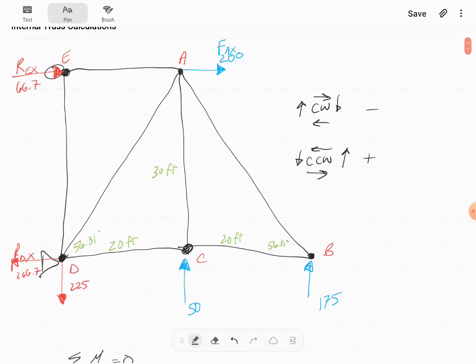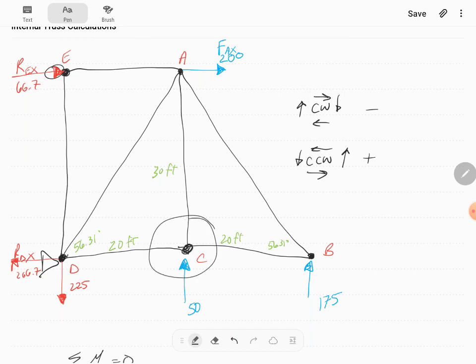Now, finally, we've gotten to the point where you guys are like, where do I go next? I don't know where I'm supposed to start. The general rule of thumb is look at whatever joint has the least amount of stuff going on with enough information to answer all of your questions. The more you do this, the easier these are to figure out. Obviously, if I look at D, there is so much going on here. It's a mess. There are way too many things.